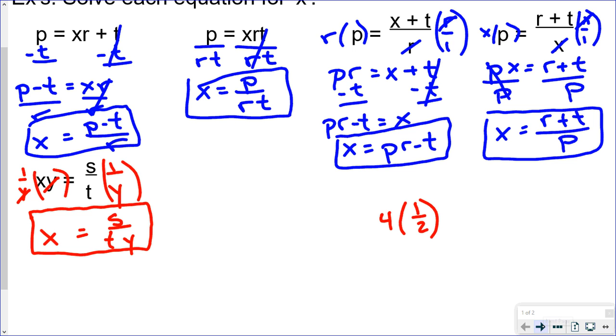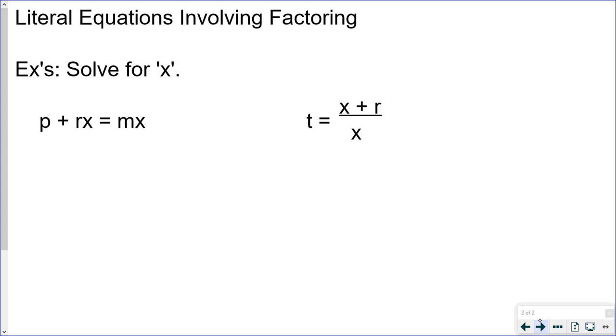All right, so the last thing I want to show you here is how to use factoring in solving literal equations. So this comes up when your variable shows up twice in the equation. So we're solving this for x, and I have 2 x's in here. So the first thing you want to do is get the x's on the same side of the equation.